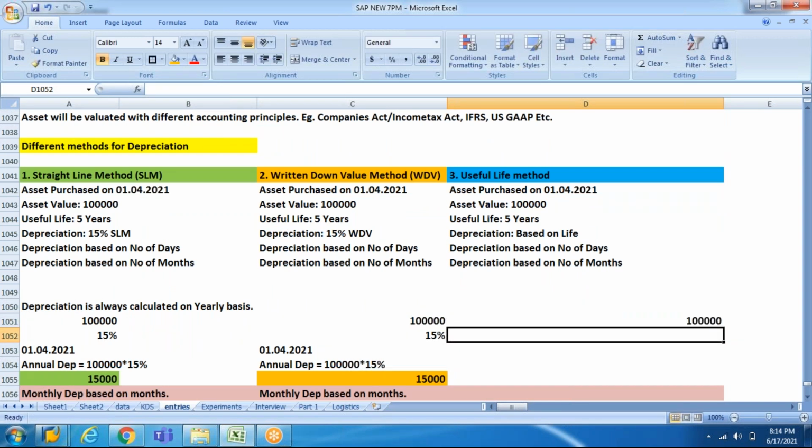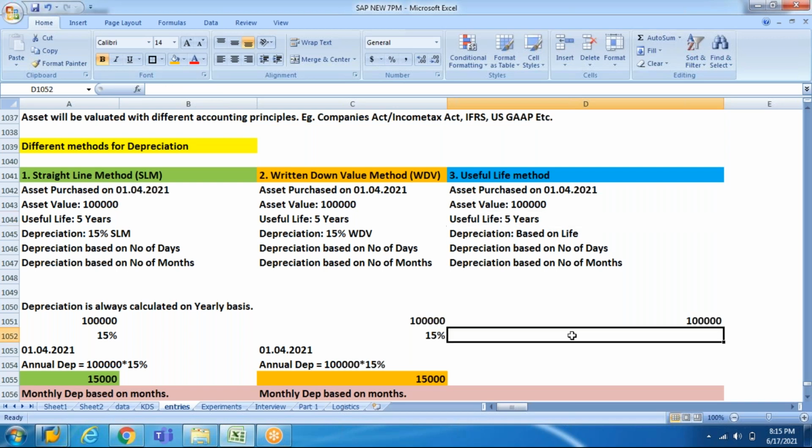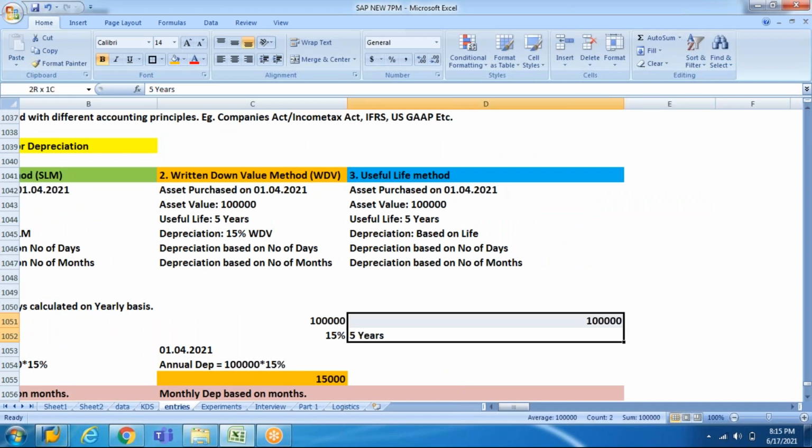But here percentage is not going to play any role because it is based on the life. You need the life. What is the life of the asset? 10 years or 15 years. Here it is written, right? Useful life is 5 years. You need to write 5 years here.